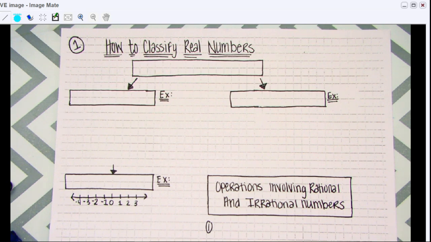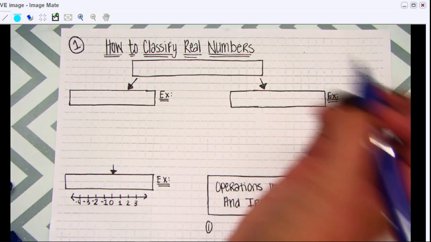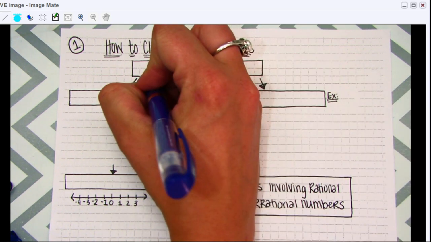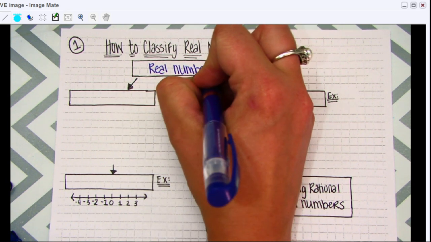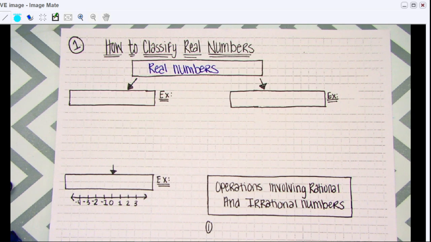These numbers are called what kind of numbers? We're classifying real numbers. So all of these numbers are real. So up here, I'm going to write real numbers. We will get into complex and imaginary numbers on the next page, on page 2.